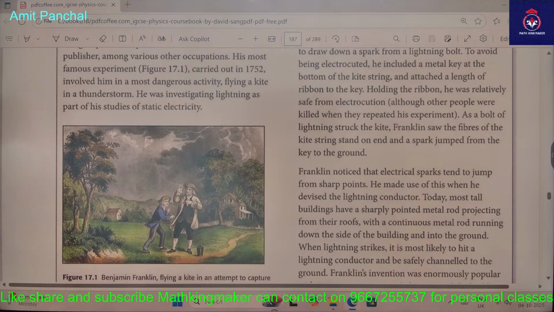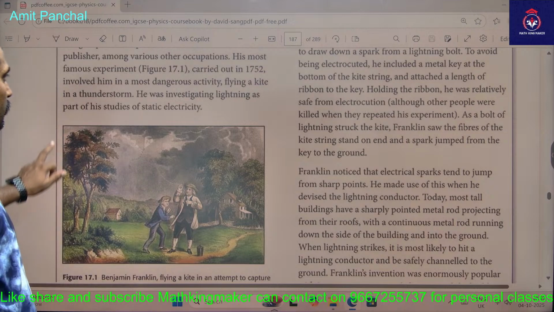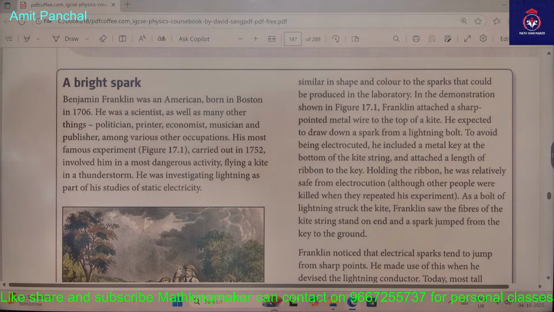Whenever you wear nylon clothes and you remove them, there is also a spark, because as it is a nylon cloth, your cloth is charged by the friction of your body. So that is called static charge.